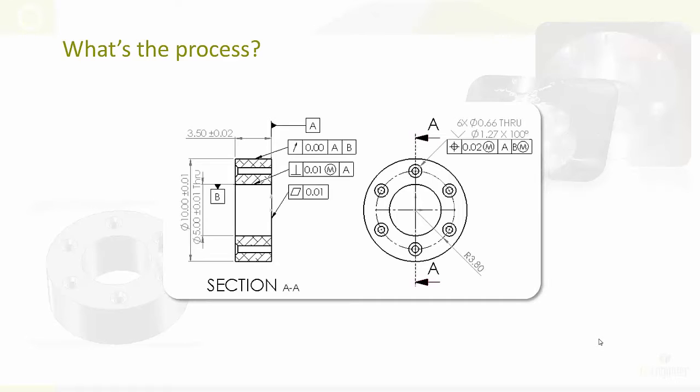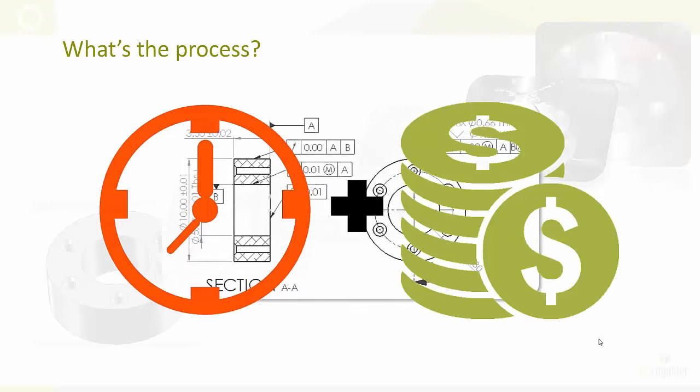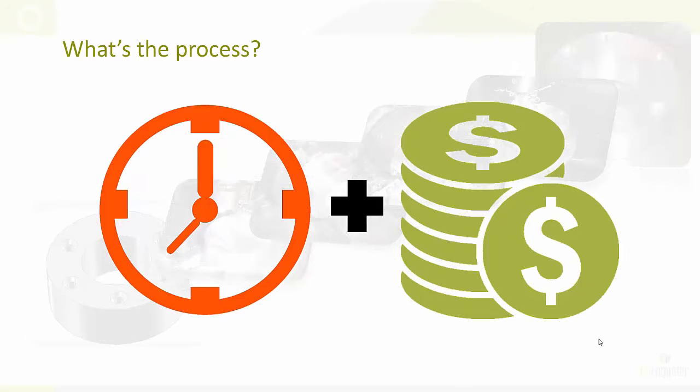Over the years, we've adopted standards and practices where we show these 2D orthographic drawing views using things like dimensions, tolerancing, and geometric tolerancing in order to define our design intent. So what's the problem with that? Well, it's time consuming and it's costly.